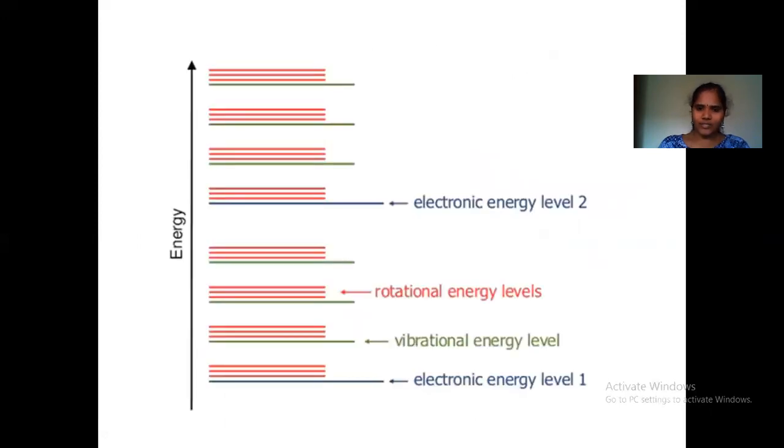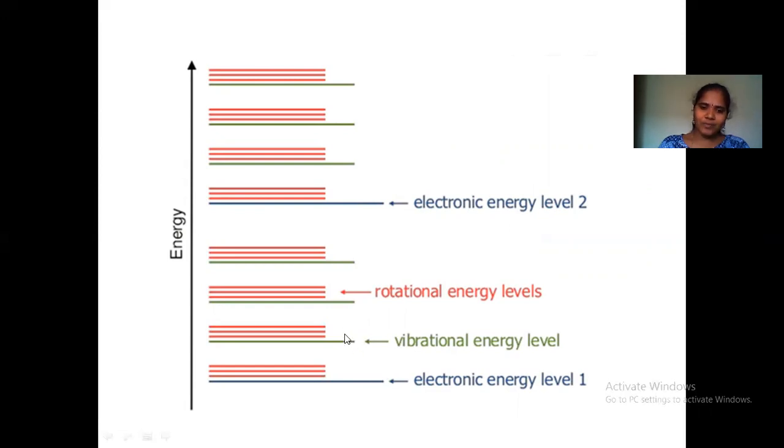So how are they arranged? The arrangement of the energy levels will be like this. Let's consider this line as electronic energy level 1, and this as electronic energy level 2. Within each electronic level, there are a number of vibrational levels, as I mentioned, since the electronic energy level has more energy than vibrational.